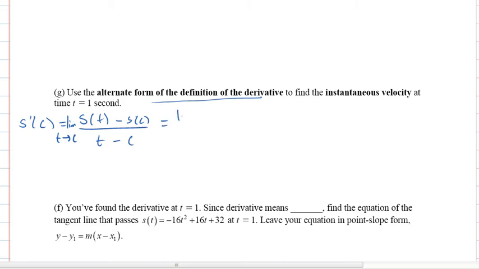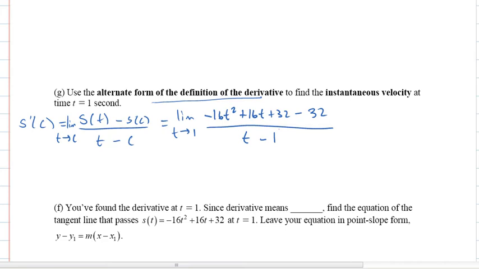So let's use this. The limit as t approaches c. This time we're actually using 1, since we want to find the instantaneous velocity at 1. So it's going to be s of t, which we said was negative 16t squared plus 16t plus 32, minus s of 1, which we already know is 32, all over t minus 1.